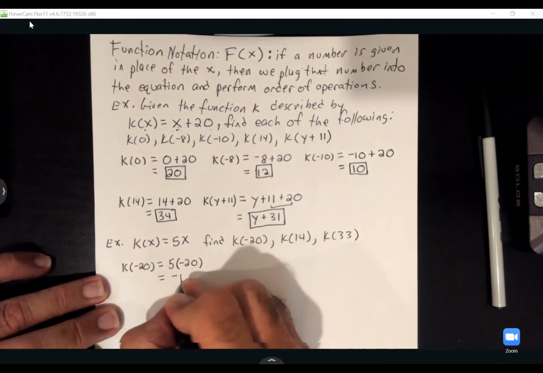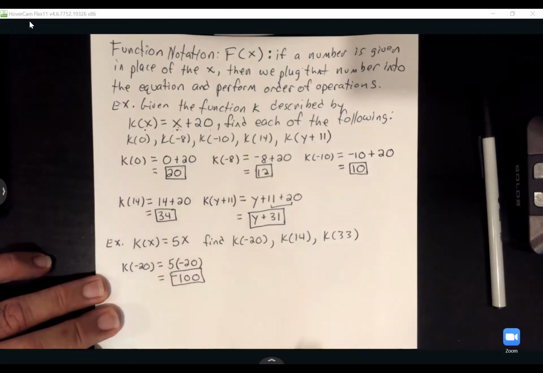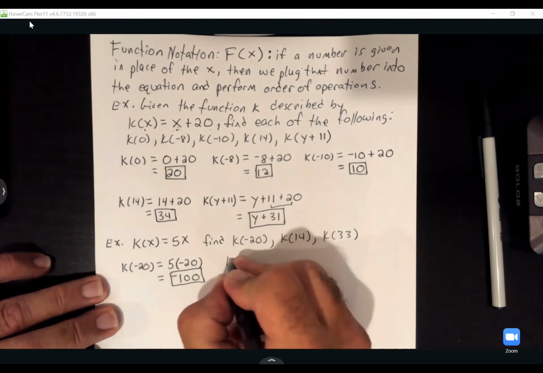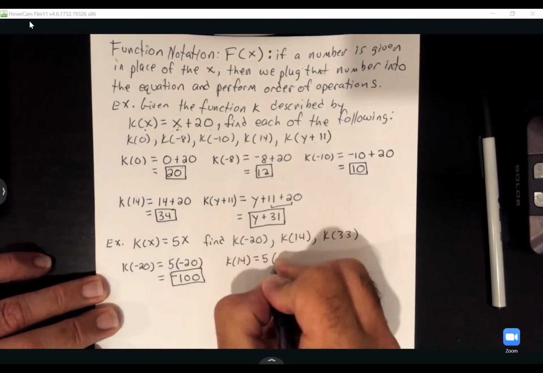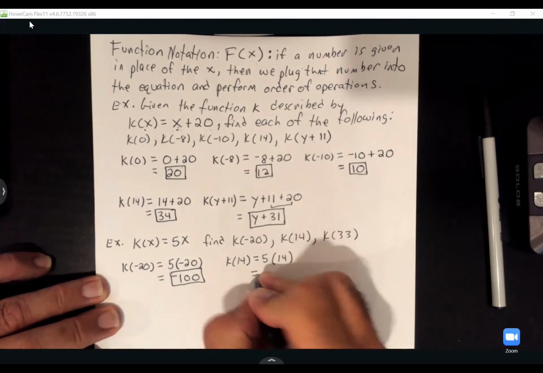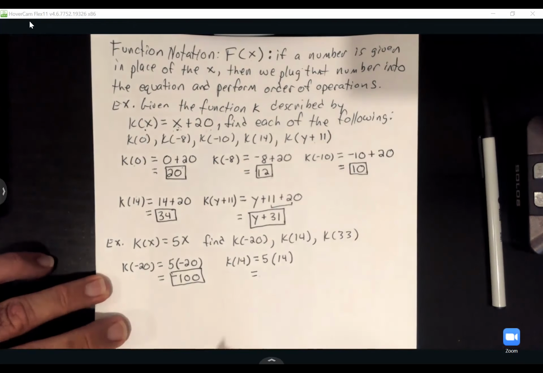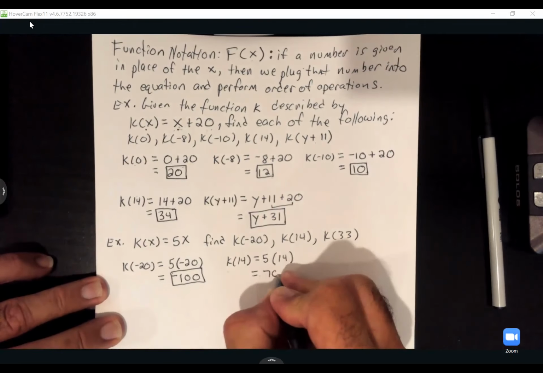Negative 100, good job. All right, let's do k of 14. So that'll be our 5 times our x, which is 14. All right, y'all, let's see what y'all got up there. 70, that's good. 5 times 14 is 70.